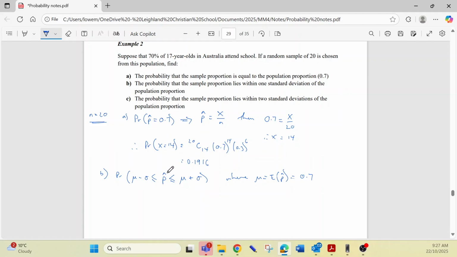We're finding the probability that the sample proportion is within one standard deviation of the mean. What else do we know?